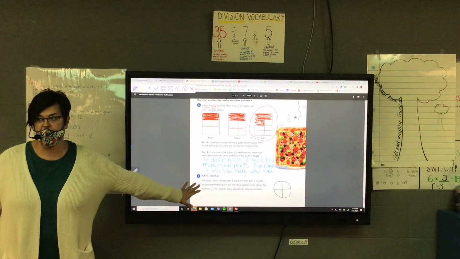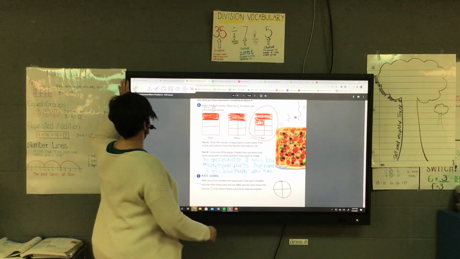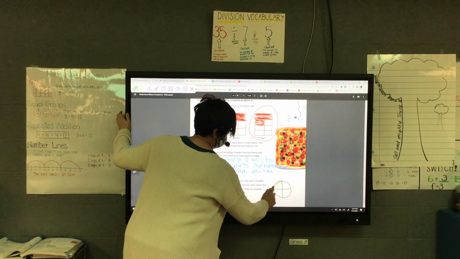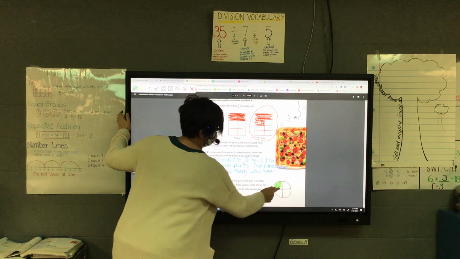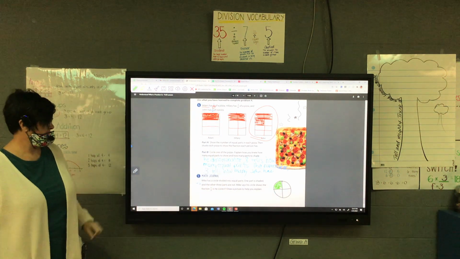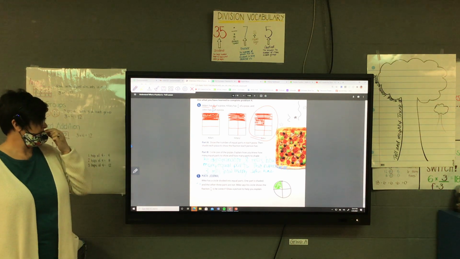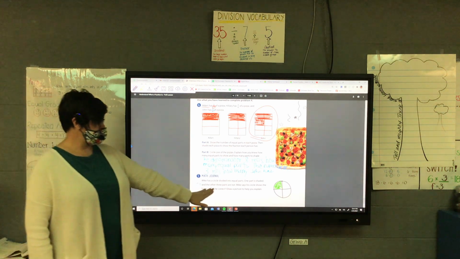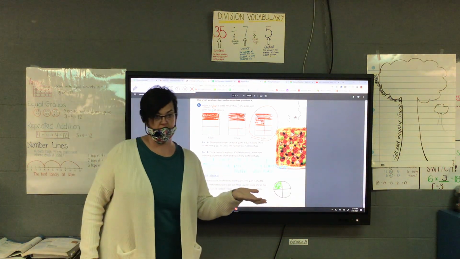How much of his is shaded? 1 part is shaded, right? All right, so we've decided, is he correct or not correct?